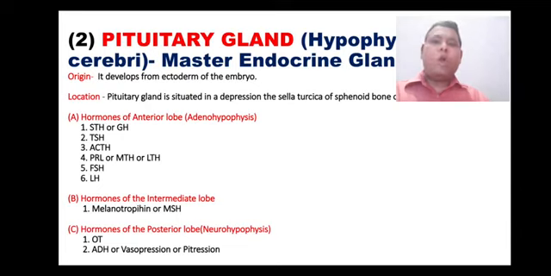B. Hormones of the intermediate lobe. The intermediate lobe of the pituitary gland secretes melanotropin or melanocyte stimulating hormone, MSH. This hormone causes dispersal of pigment granules into the pigment cells, thereby darkening the color in animals like fishes and amphibians.